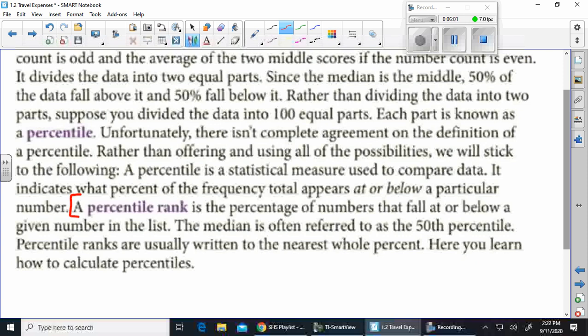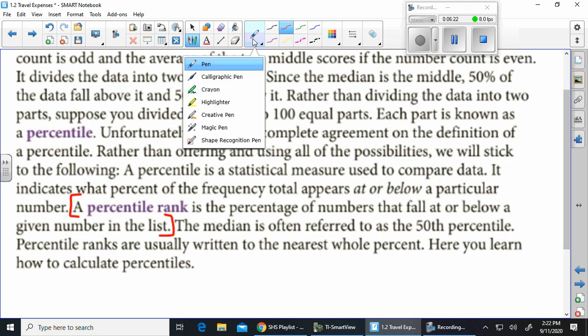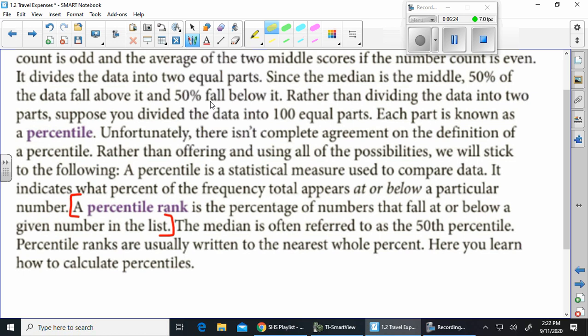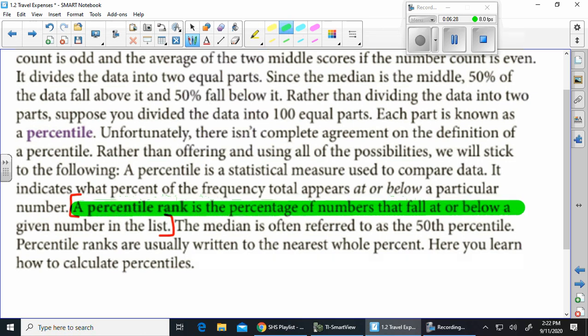A percentile rank is the percentage of numbers that fall at or below a given number on the list. The median is the 50th percentile. You're going to be asked different percentiles. But again, if I highlighted the most important part, this is what we're worried about.